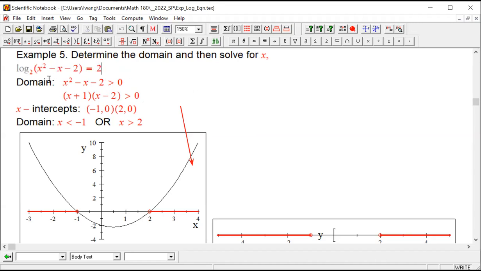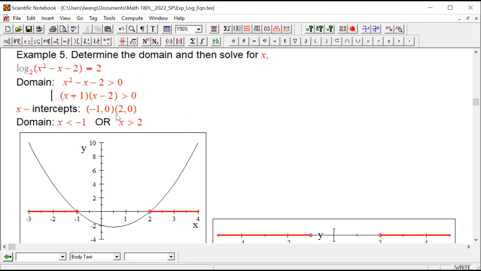We have a log base 2. When we determine the domain, we take the whole part that is being taken the logarithm of, the rule of the function applied to this whole piece. So this whole piece has to be positive. When we set it up, we end up solving a quadratic inequality.